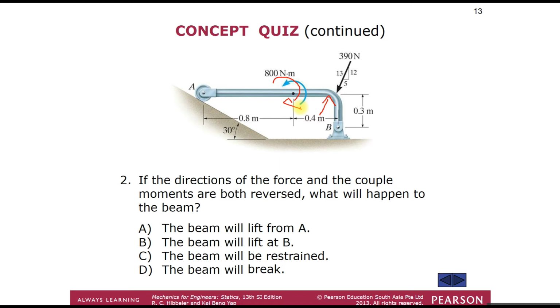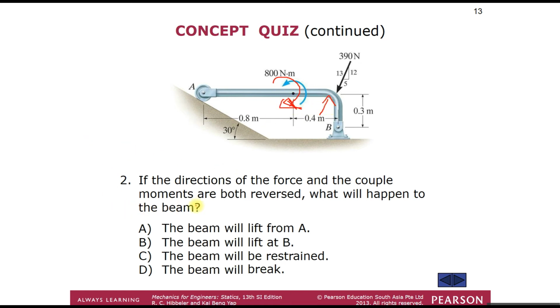There is a rotational moment acting at 800 Newton meter, almost near the middle of the beam, and the force is in the reverse direction.